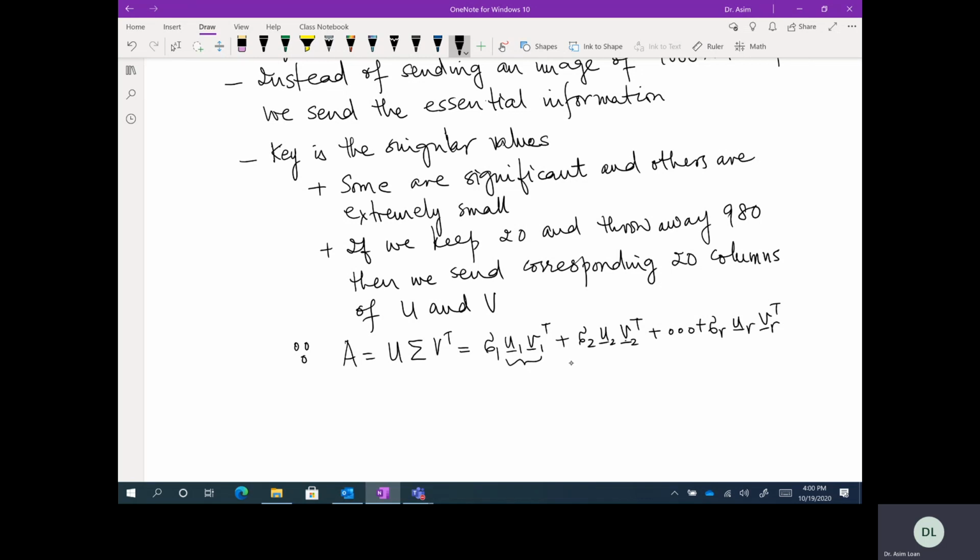And these are all matrices of rank 1. So A is a sum of R matrices of rank 1.